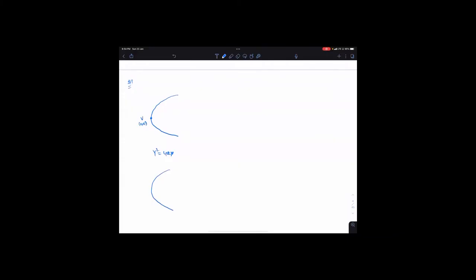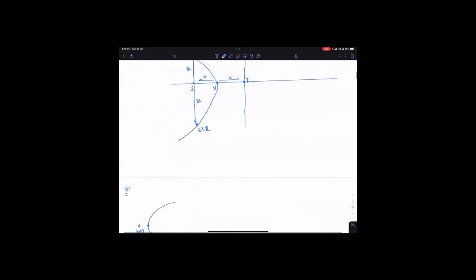If the vertex is something else, alpha comma beta, then the equation will be y minus beta whole square equals 4a into x minus alpha. Now, what is a? We have already talked about it.